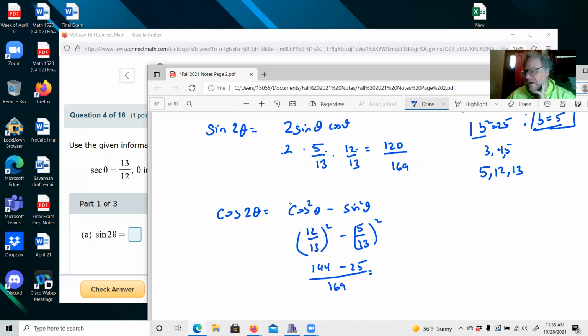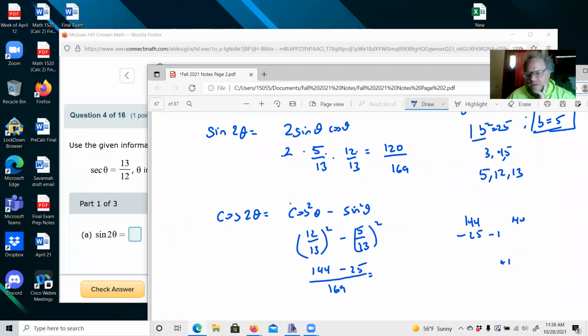I knew they were going to have common denominators, so I just subtracted them. All right, so what is 144 minus 25? I subtract 1 here and then add 1, so it'll still be the same. So we'll say 144 minus 24, and add 1 at the end, so that's 120 plus 1. So we end up with 121. That's not right.